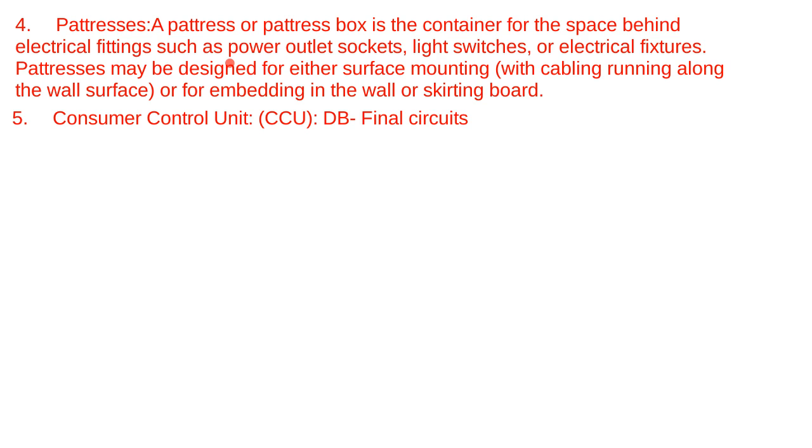Final circuits being that from the MCB or the RCD, the residual current device, then you have your final circuit. So this can either be the lighting circuits, the power circuits, or maybe circuits that are controlling a motor.